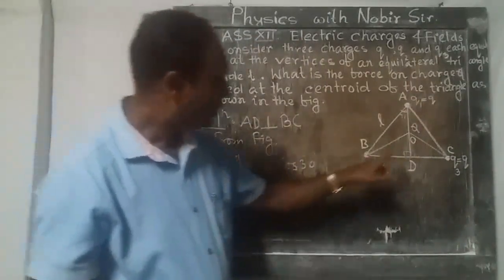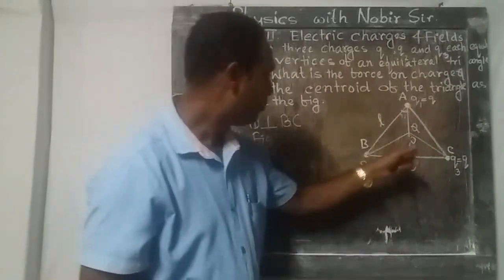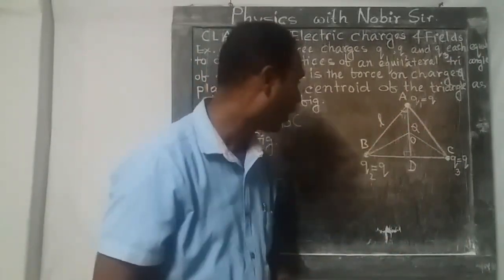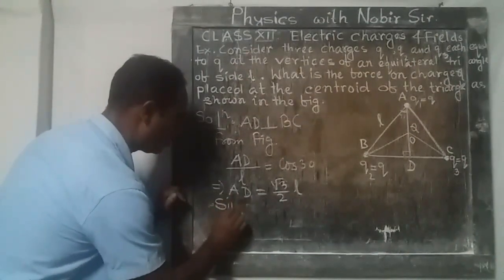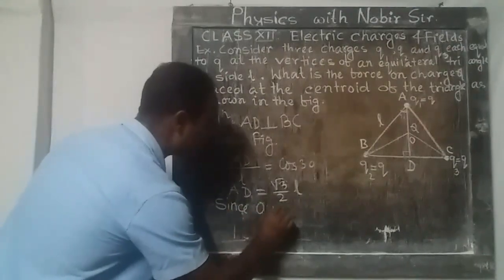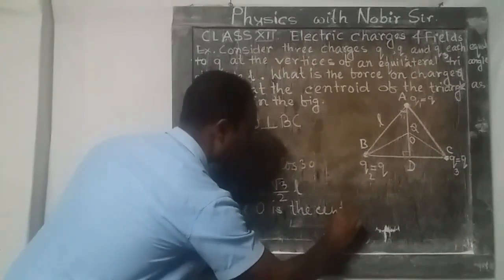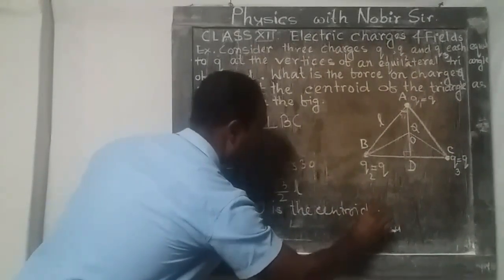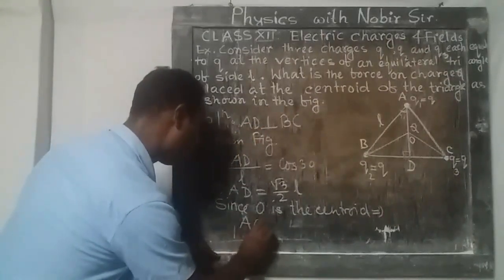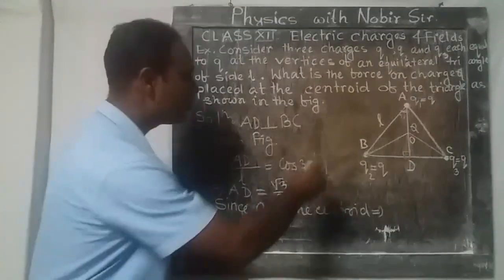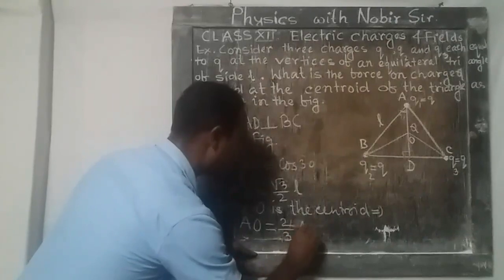Now since O is the centroid of the triangle, we can find AO. Since O is the centroid, AO will be equal to 2/3 of AD.